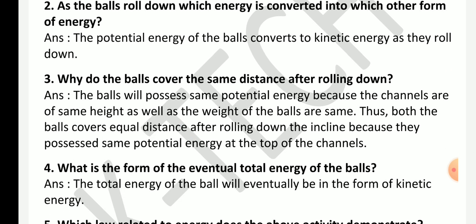Third question. Why do the balls cover the same distance after rolling down? Answer. The balls will possess same potential energy because the channels are of same height as well as the weight of the balls are same. Thus, both the balls cover equal distance after rolling down the incline because they possess same potential energy at the top of the channels. Got it?